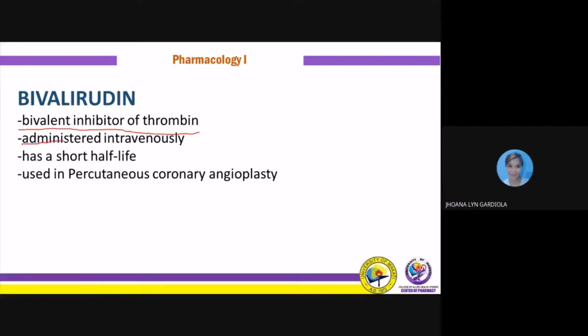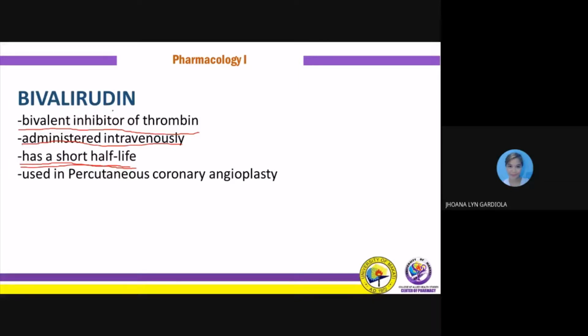Bivalirudin is administered intravenously and has an immediate onset of action with therapeutic activated clotting times or ACT that can be achieved within 5 minutes after initiating therapy. And they have a short half-life.